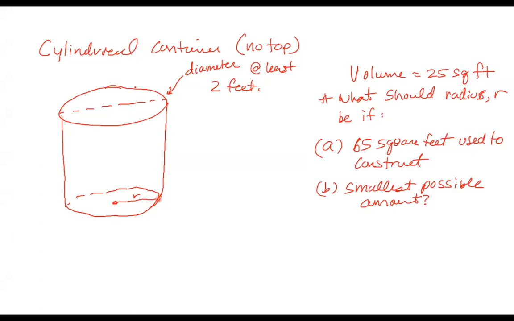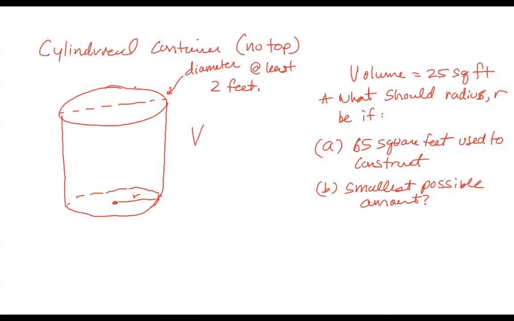And I know that the volume of my container must be 25 cubic feet. And what we're really trying to find here is the radius r, so that for A, if I have 65 square feet of material, what does the r have to be for me to get 25 cubic feet?